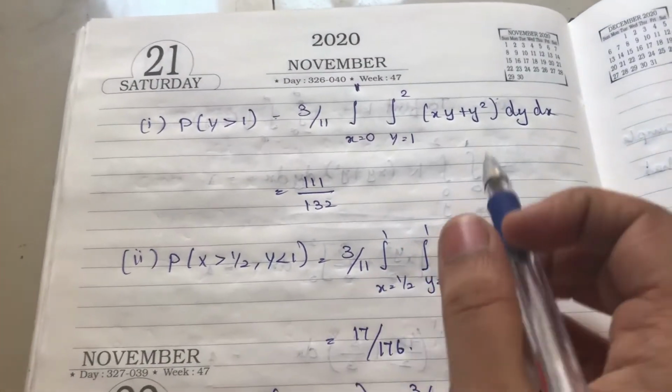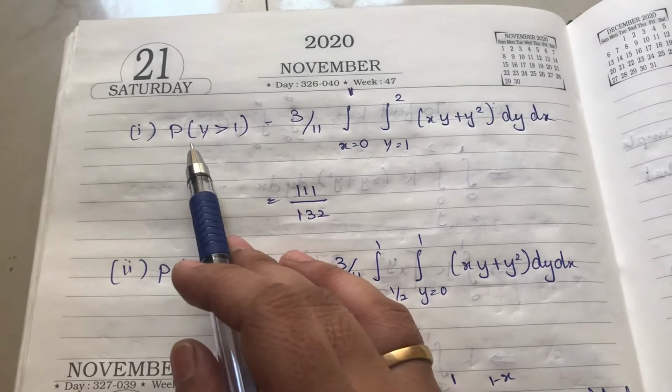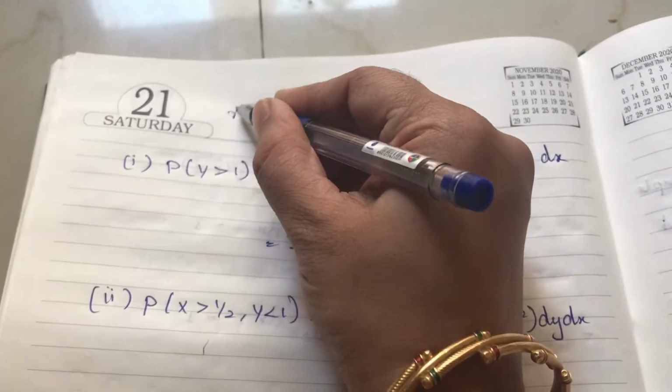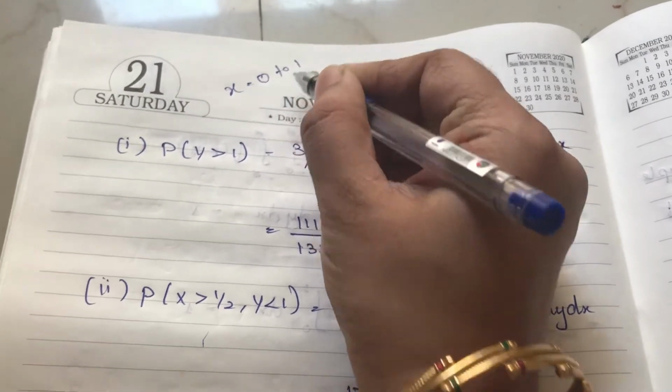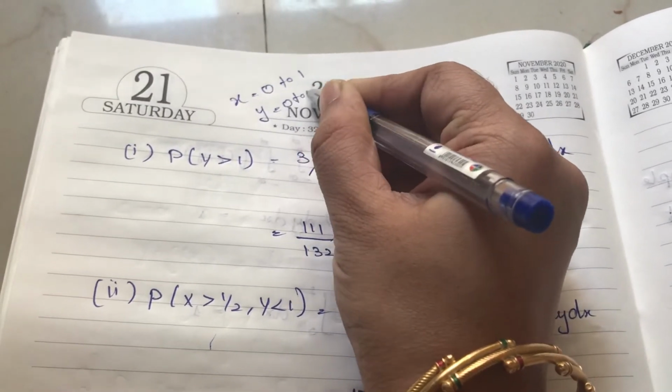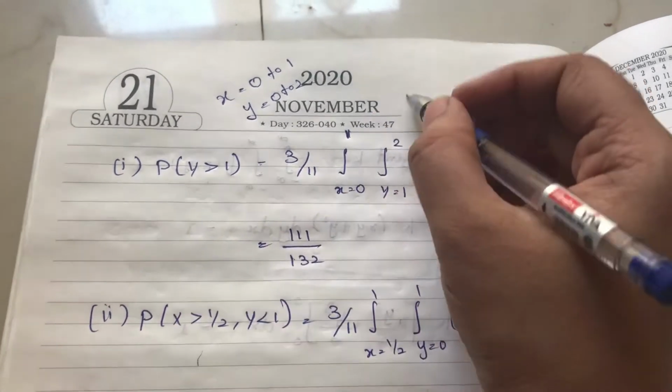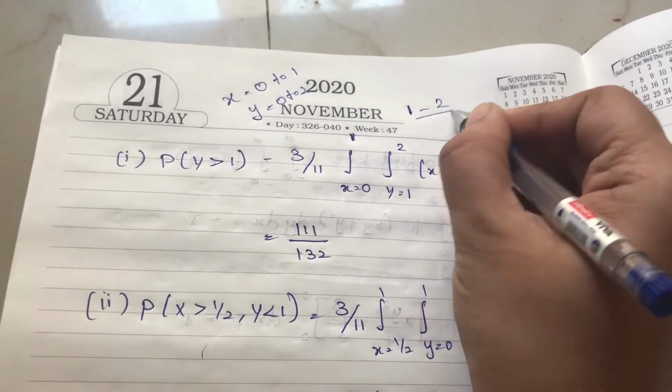After that I need to find the conditions here. They have given the condition: y is greater than 1. We know that x equals 0 to 1, y equals 0 to 2, right? But here they have given y should be greater than 1, so I need to take 1 to 2 limits here.